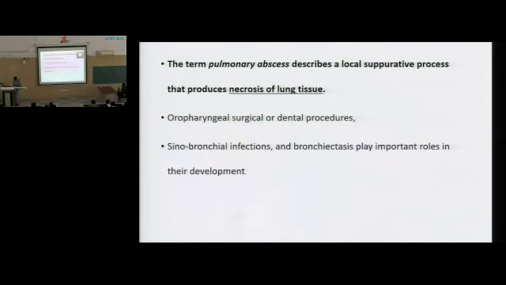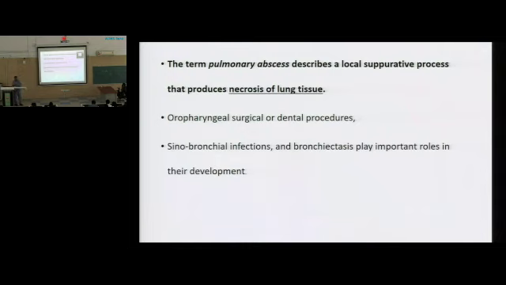The term pulmonary abscess describes a local suppurative process that produces necrosis of part of the lung tissue. It causes complete necrosis. It can be due to oropharyngeal, surgical or dental procedures that lead to infection and necrosis of the lung tissue. It can be due to sinobronchial infection, or it can occur in patients with bronchiectasis.